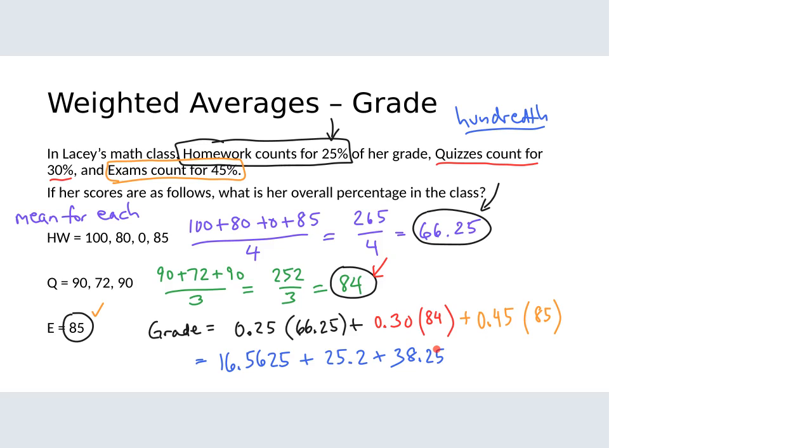We'll add all those together and end up with 80.0125. And I should have said it at the beginning, but we're rounding to the nearest hundredth. So we will find the hundredth place, look one space to the right, that's 2, which is lower than 5. So Lacey's overall grade is 80.01.